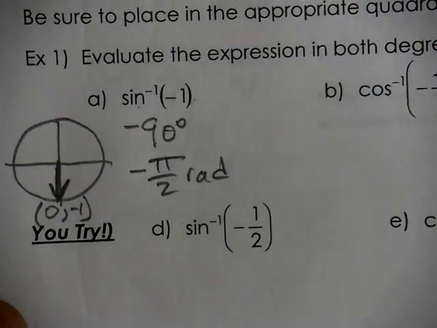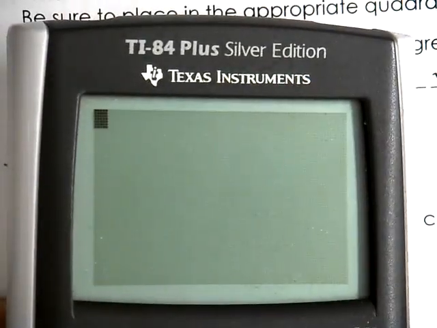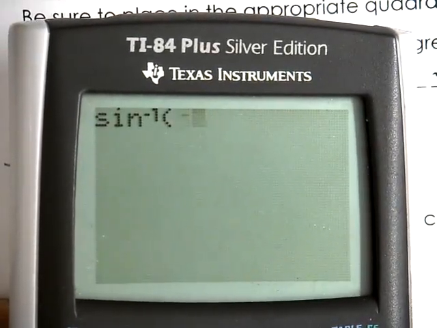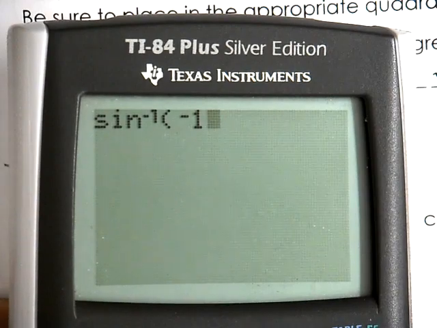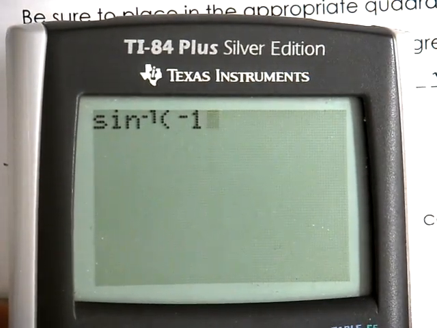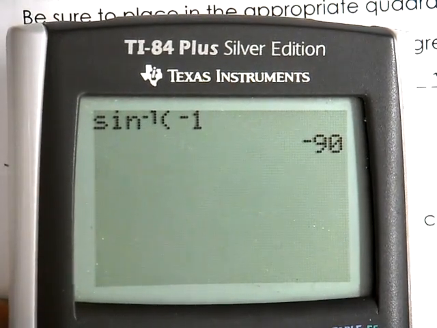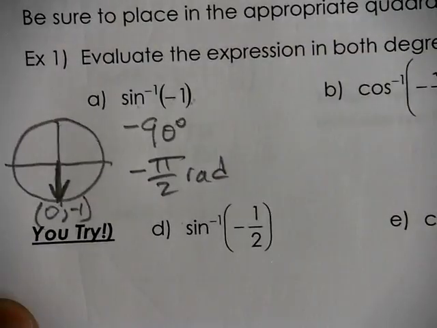We're not supposed to, but mathematically you can. Inverse sine of negative 1. What angle has a sine that's negative 1? And that's negative 90 degrees. It does not give you 270.